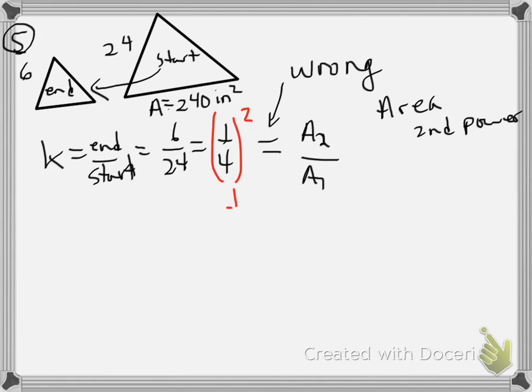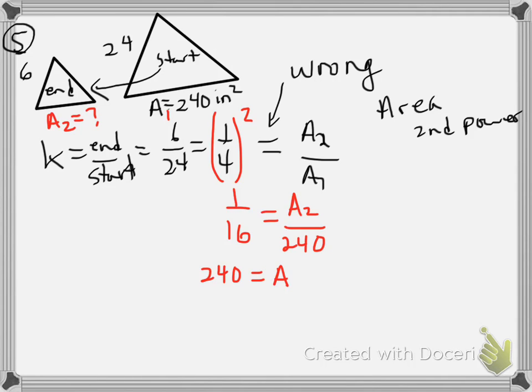So that turns out this is 1 over 16, and we can put our area in. We'll call this the first area. We want to know the second area. So we got A2 over 240. So we get 240 equals A2 times 16.